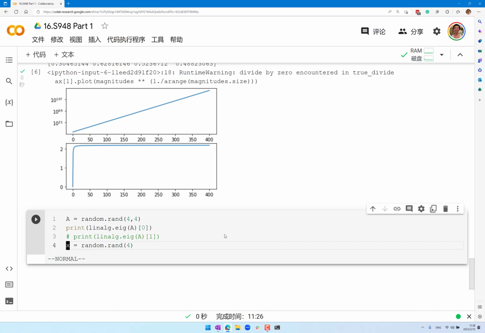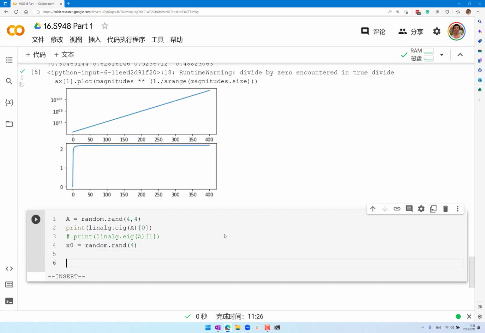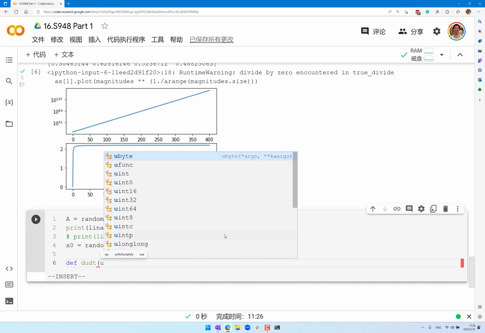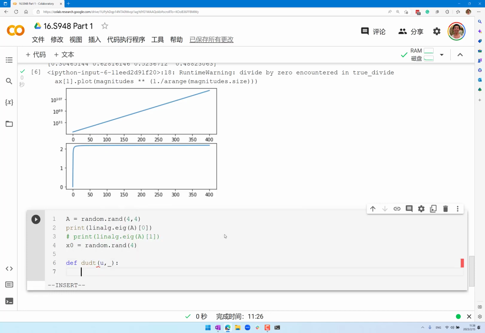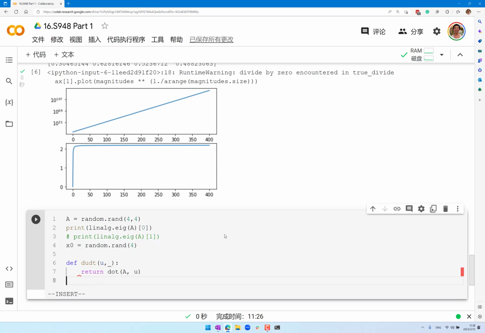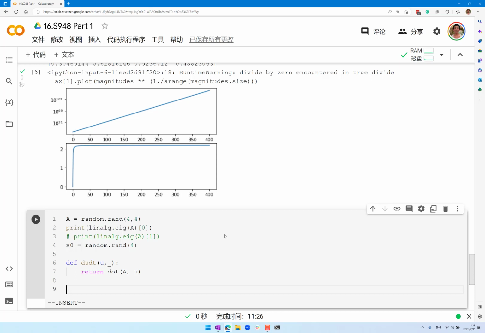My x0 is a random initial condition, and I'm going to define a function du/dt. So my u and time is going to give me a solution, return A dot u. All right, so that's my dynamics.